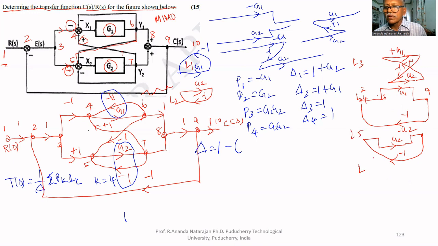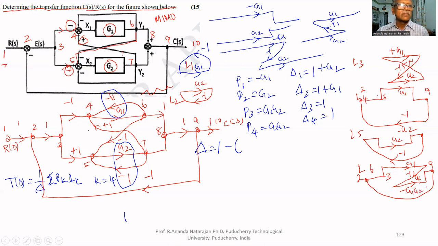This is L5. L6 we have to find. L6 starts from here, G1, then G1 with -1, then G2, it goes to 9, then it comes to 2, and this is 3. This is one loop. Minus G1 G2. This is also minus. With 3 minuses, it is minus G1 G2.